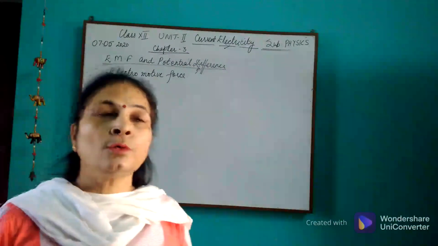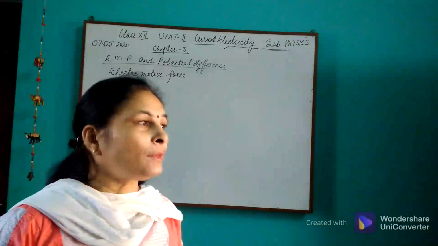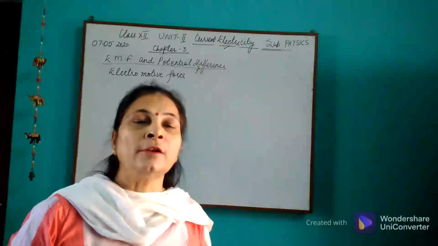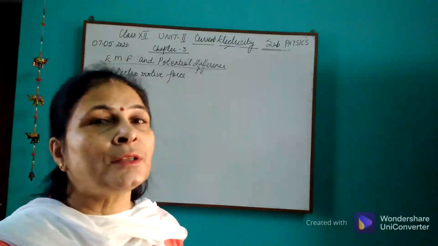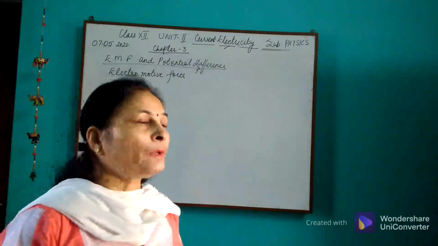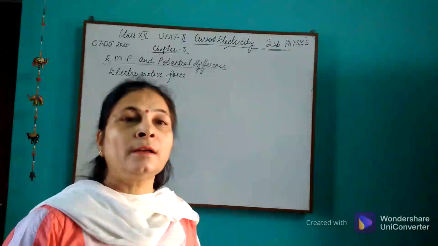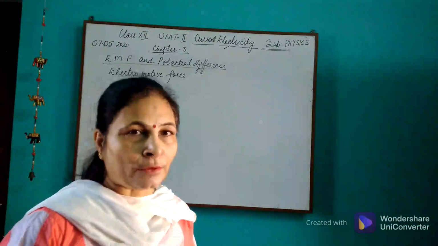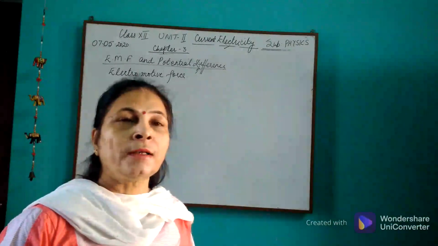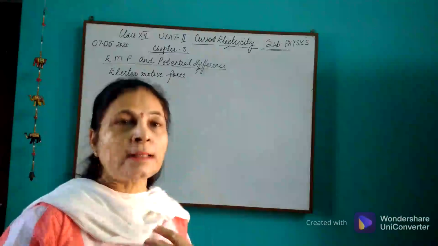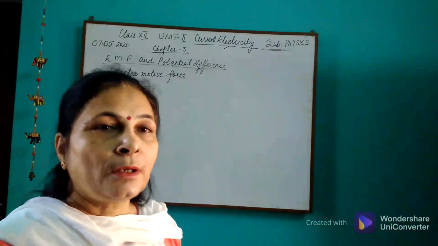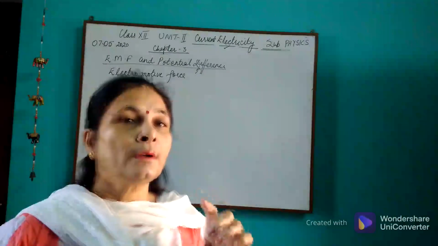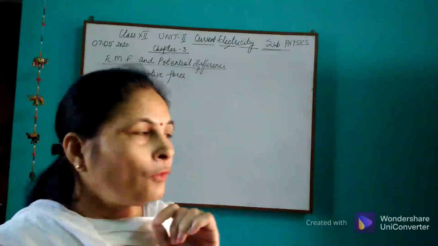Suppose you go to the market and you buy something, for example a cell or a motorcycle. Then there is some standard value given to you, say motorcycle efficiency. For example, it is given that it will run 70 kilometers in 1 liter of petrol. And on small cells you have seen that it is written 1.5 volt, which means it is going to provide you a potential difference of 1.5 volt.